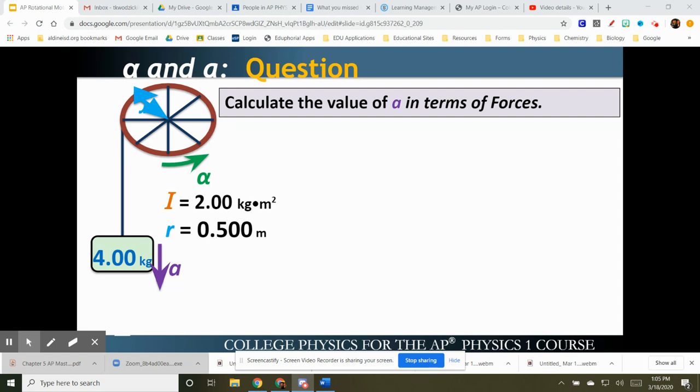Okay, we're going to calculate translational acceleration in terms of forces. So, do we have any ideas of where to start?